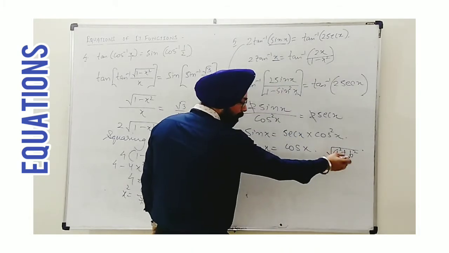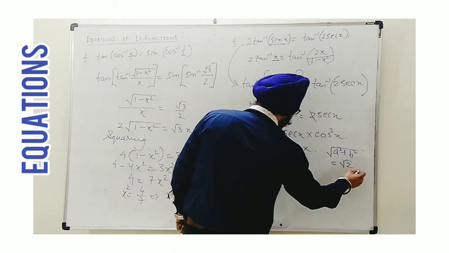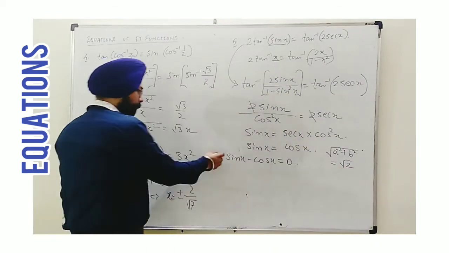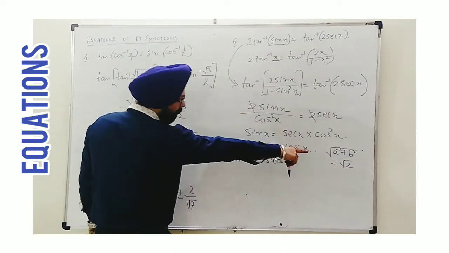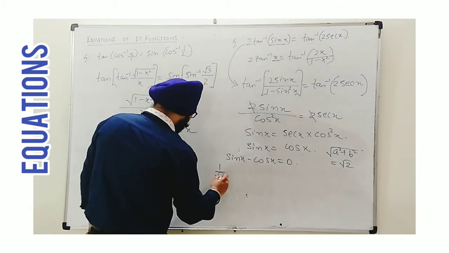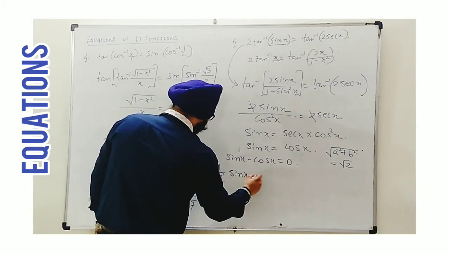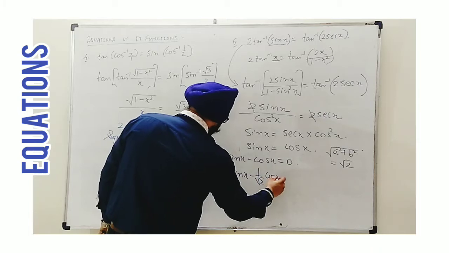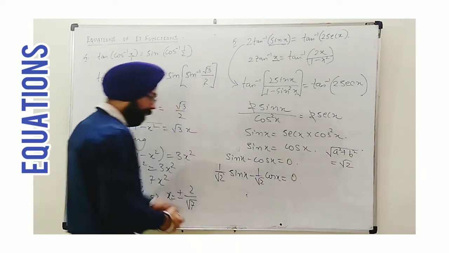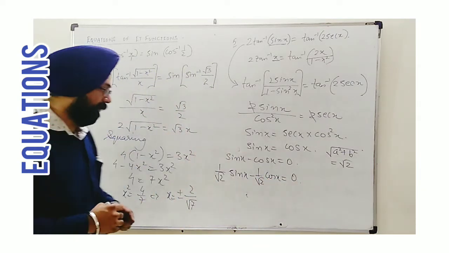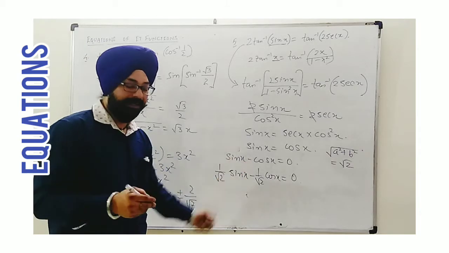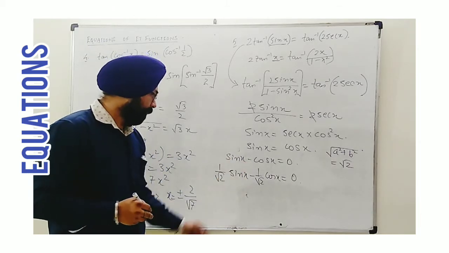As both of them are 1, in this situation it will be root 2. So dividing by the value obtained, we get 1 upon root 2 sin x minus 1 upon root 2 cos x equal to 0. We divide each term by the same value whenever such an a cos theta plus b sin theta pattern is given.